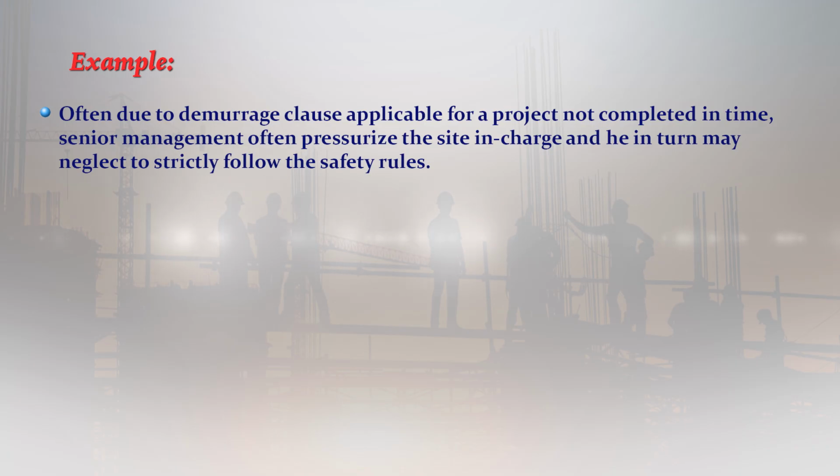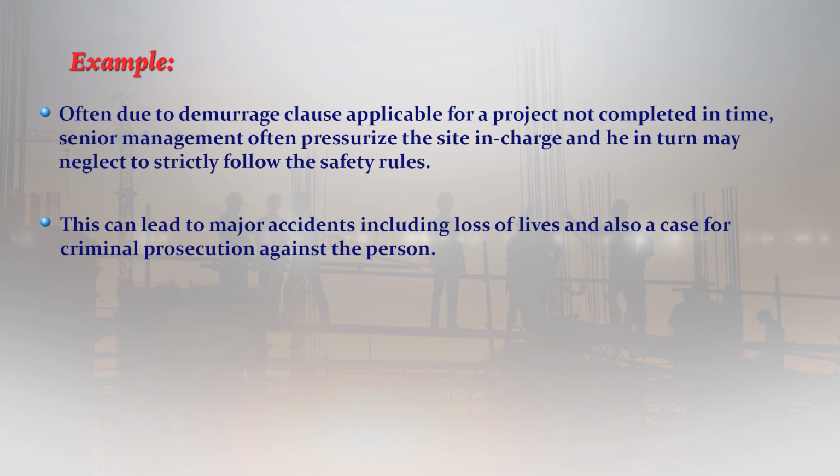Senior management often pressurizes the site in charge, and he in turn pressurizes the workers to neglect the safety rules that are to be followed strictly. This can lead to major accidents including loss of lives and also a case for criminal prosecution against the person. So, that should not be done.